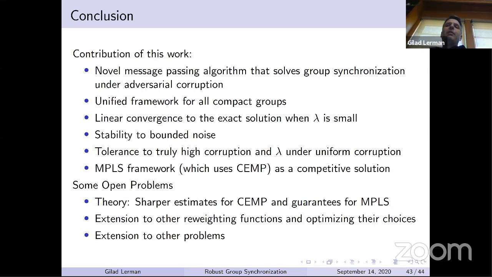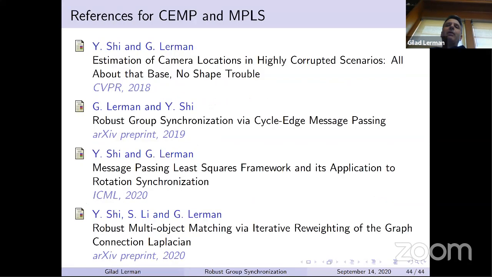So let me just quickly review our existing work. The initial works, which seem kind of unrelated, are about the camera location problem. The main mathematical work is on arXiv.